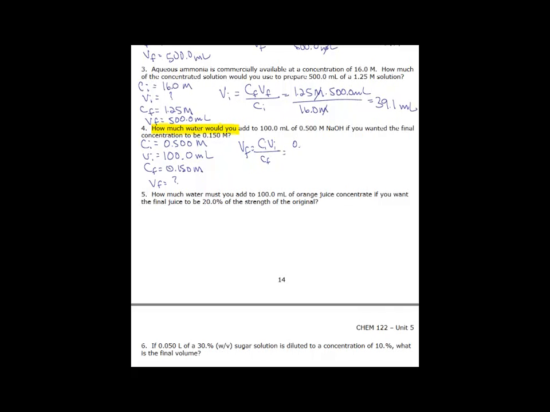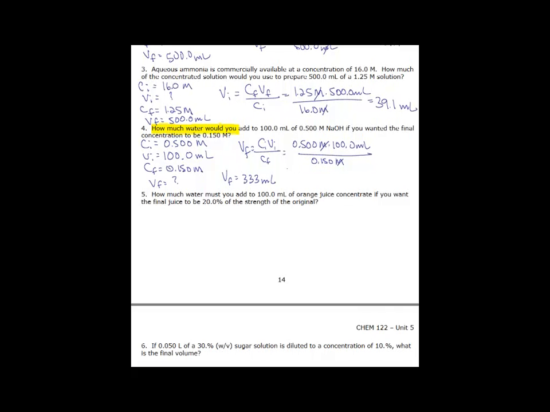So 0.5 molar times 100 milliliters divided by 0.15 molar. Units cancel out. With the correct number of significant figures, our final volume is 333 milliliters.